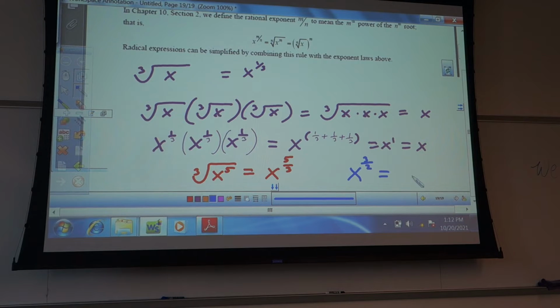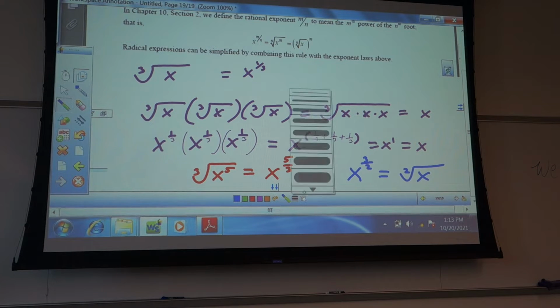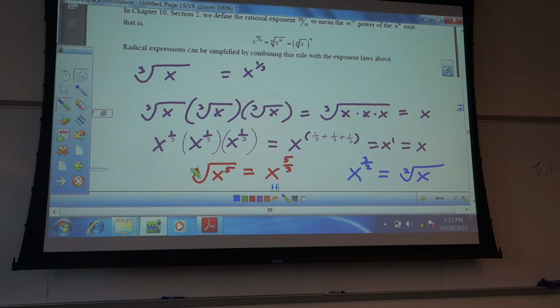So this 2 means 2 there, x to the what inside? So let's just be more specific about this. This part goes on the bottom, this part goes on the top. The bottom part goes in here, this part goes right in there. X to the 3rd.